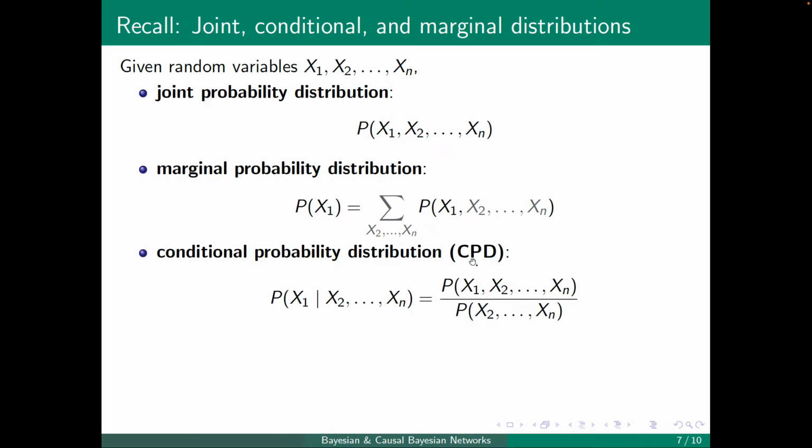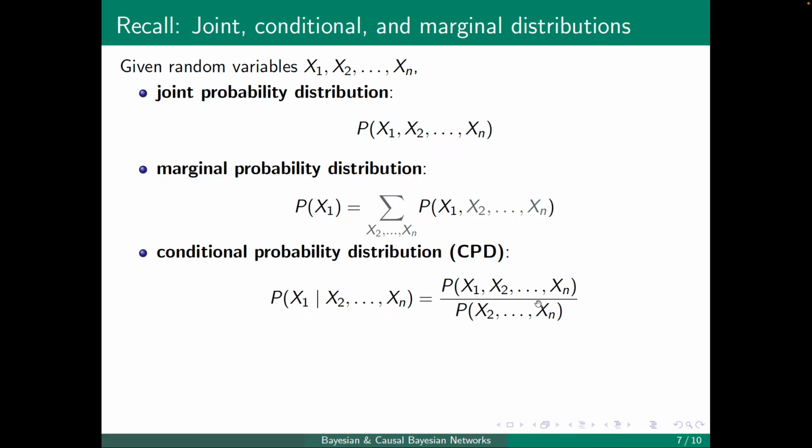Conditional probability distribution, abbreviated as CPD, this is P of, for example, here x1 given x2 to xn. You can of course end up with like x1 and x2 given the other variables or whatever. This will be all of the variables here, the joint probability divided by the condition part by definition.